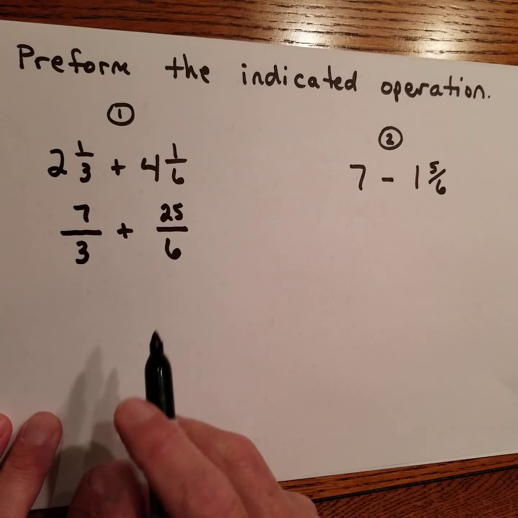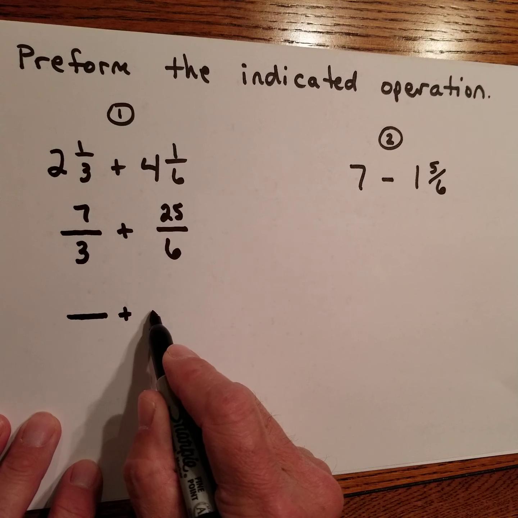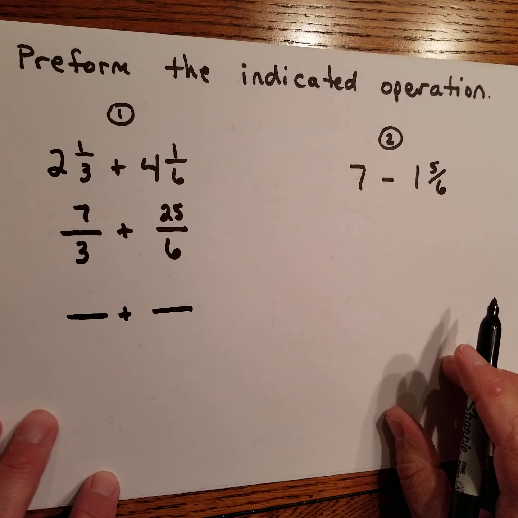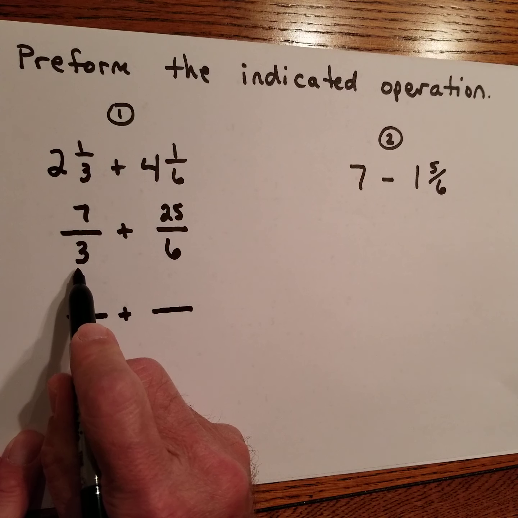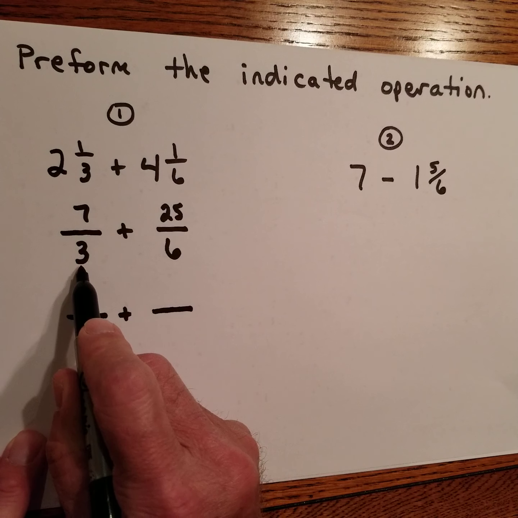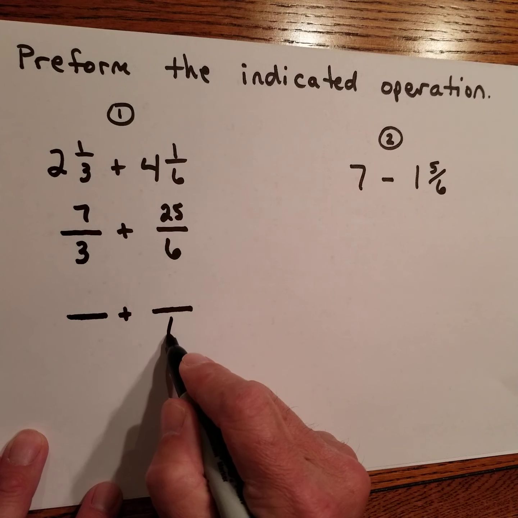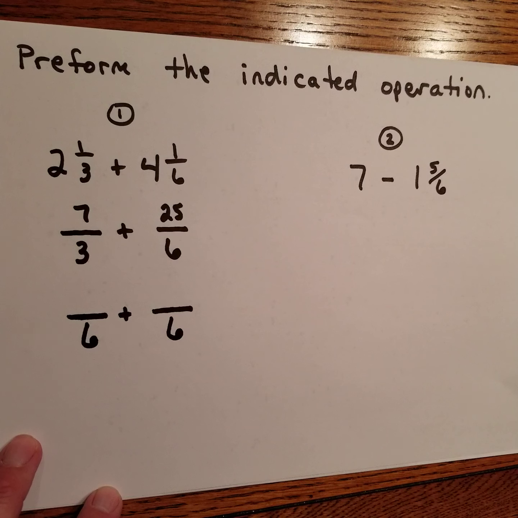Now when I add fractions, I must have a common denominator. But let's keep the common denominator as small as possible. I'll check to see if the small denominator divides evenly into the big denominator. And since it does, 3 divides into 6, that makes 6 a good common denominator.